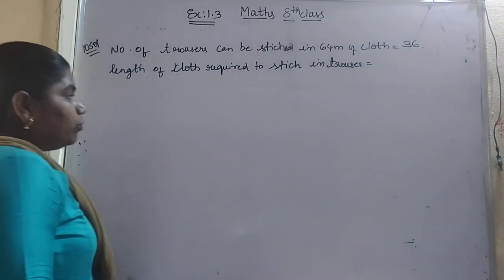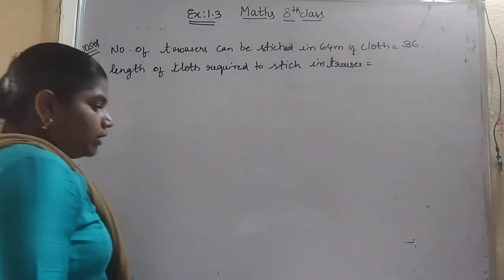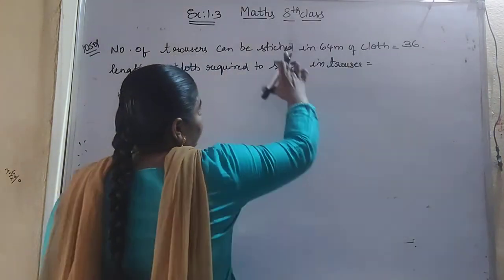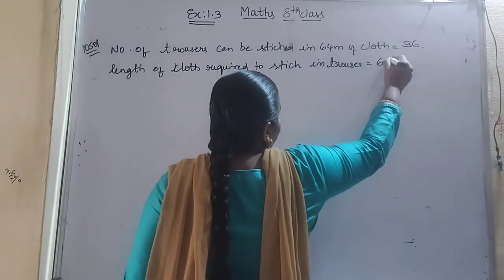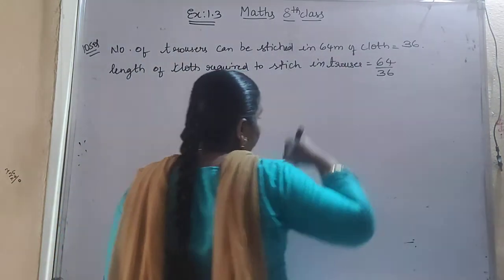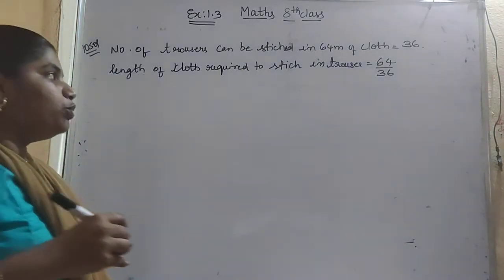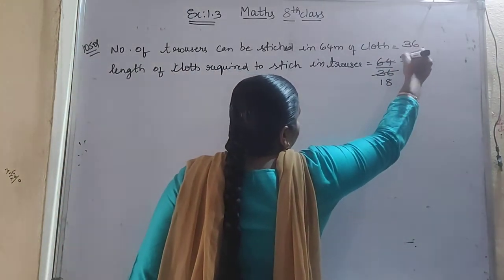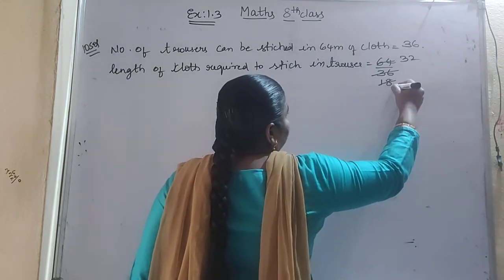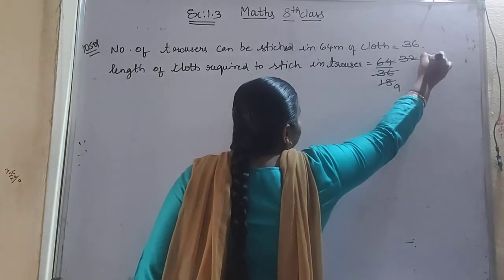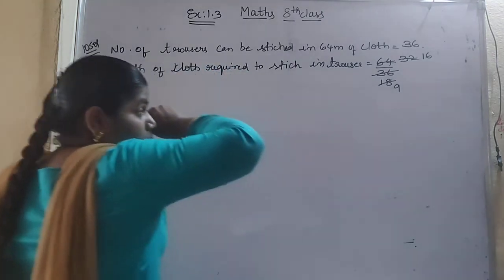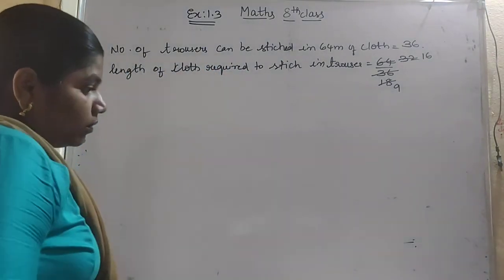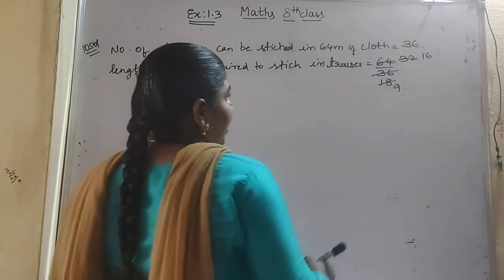So what we have to do here, we have to divide 64 by 36. Now you can divide in the 2 table. So here 2 eighteens are 36, 2 thirty-twos are 64, 2 nines are 18, 2 sixteens are 32. So again 16 by 9 you got.